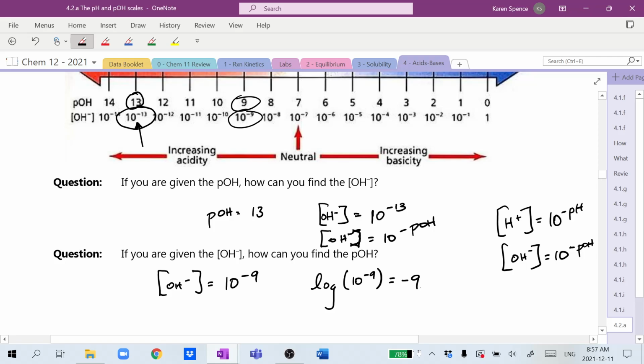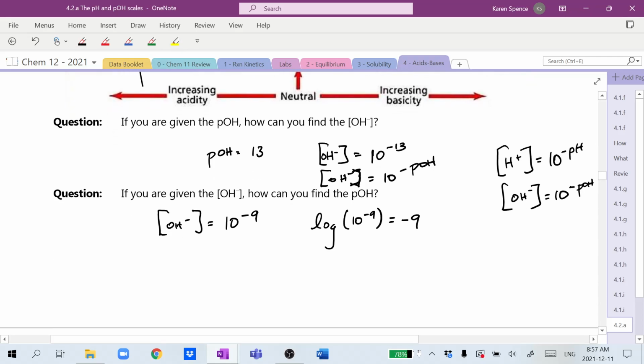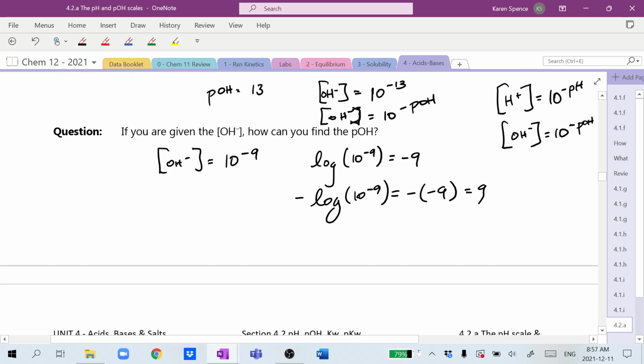So that doesn't quite get us there because we wanted a value of 9 for our pOH. So instead of just taking the log, we have to take the negative log of 10 to the minus 9, which is then the opposite of negative 9, which is 9. Oh, gosh, look at that. So what does that mean we have here? It means that the negative of the log of hydroxide is equal to the pOH.